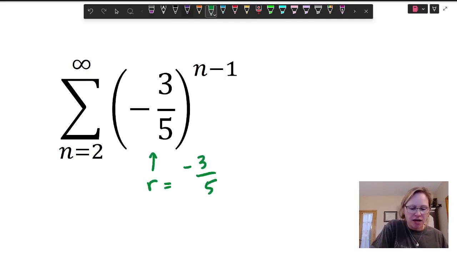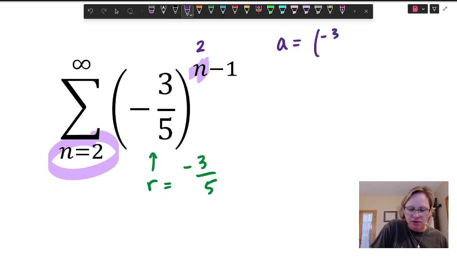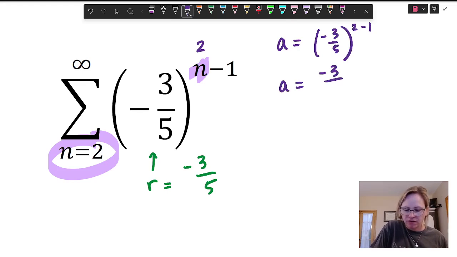Now I'm going to find my a value. A is what I get when I plug in that first number for n. That's going to be my a value. So a is going to be -3/5 to the 2 minus 1. That's just the first power. So a just happens to be -3/5 as well. Sometimes that's how that works out.